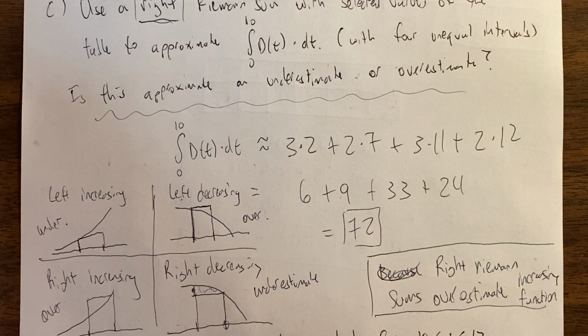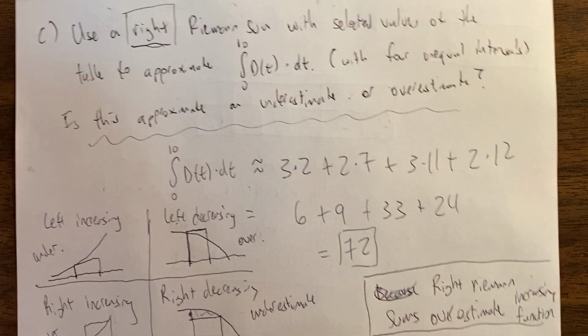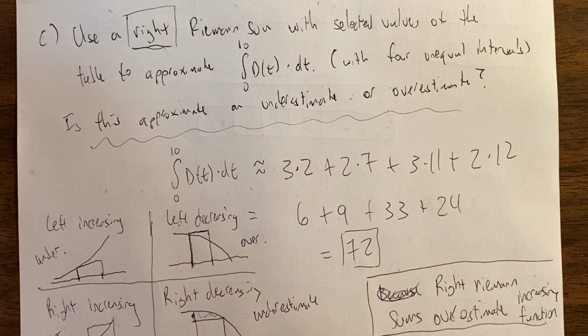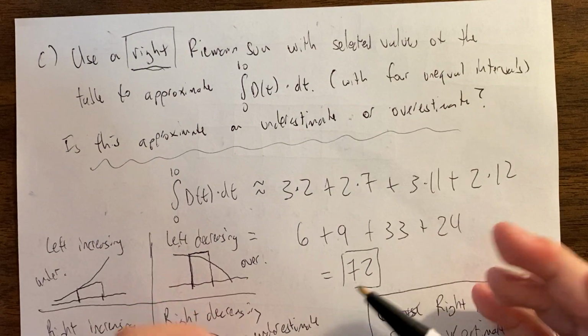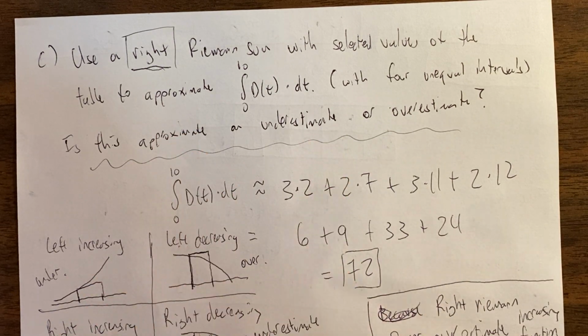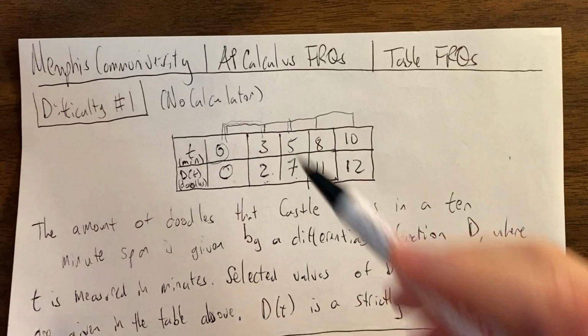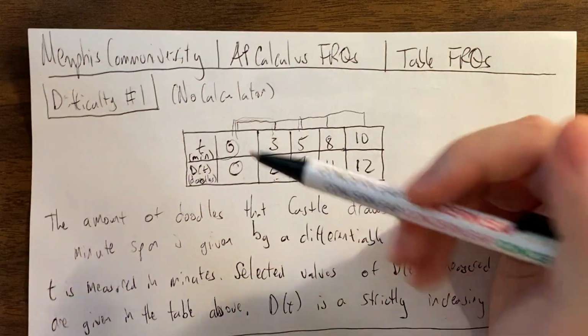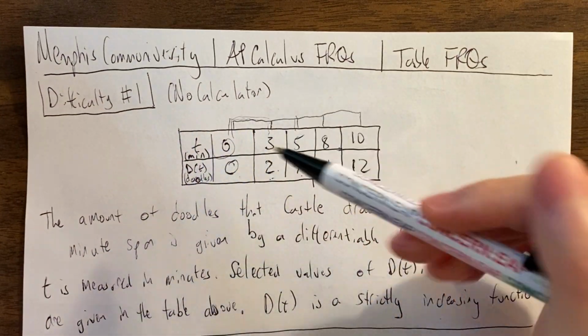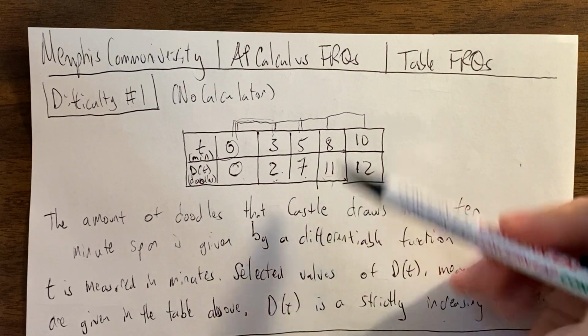So again, what I want to stress in the Riemann sum question, which is this one right here, is that they appear in most table questions. I used to call these questions Riemann sum questions because they appeared, but I changed the name to table free response questions because the Riemann sum really doesn't have anything to do with the rest of the question, but they are important questions. So keep in mind, there are 2 big things. You want to know how to do left, right, trapezoidal, midpoint, and that's always the difference in the top row, or the x or the t row, times different y's.